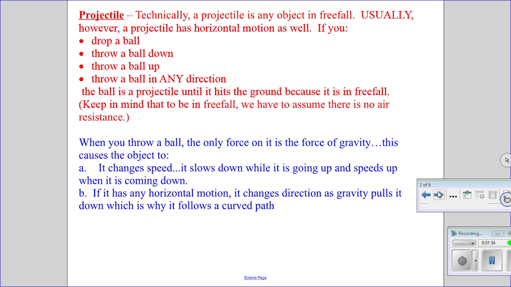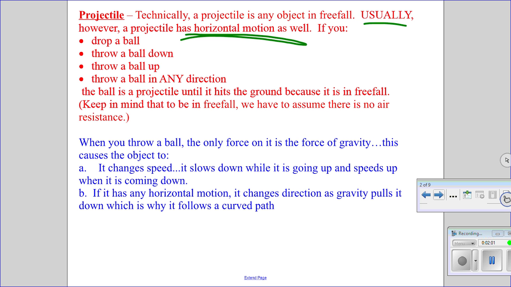Usually, however, when you talk about a projectile, you're talking about something that's in free fall that also has horizontal motion. So stop writing for a second. Technically this is a projectile, but usually when you talk about a projectile, it has to be moving horizontally. So instead of doing this, we're going to do this. Make sense?